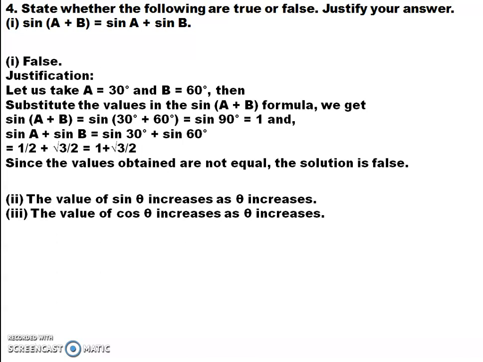Sin 0 is 0. Sin 30 is 1 by 2. Sin 45 is 1 by root 2. Sin 60 is root 3 by 2. And sin 90 is 1. So, if theta increases from 0 to 90, that is 0, 30, 45, 60, 90, the value of sin theta also increases. Don't worry, I'll show you the slide.